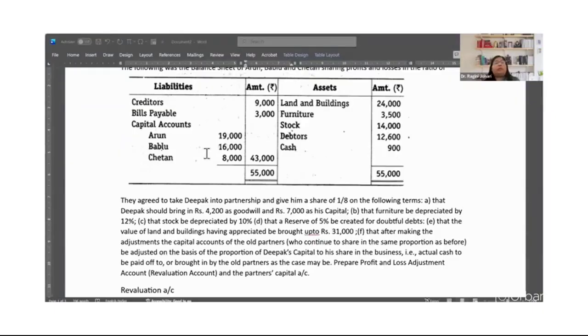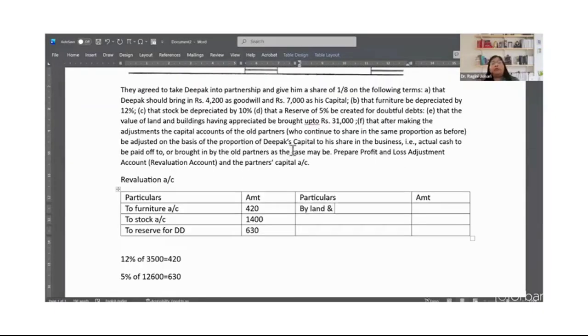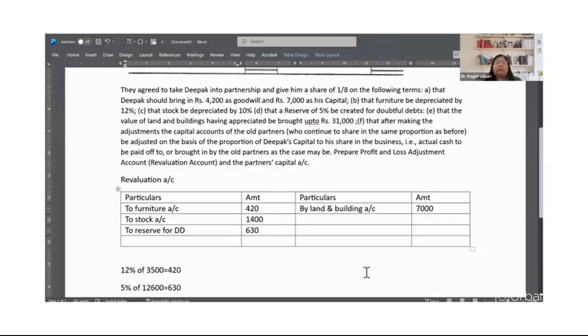Then it says after making adjustments of capital accounts of all partners, and so on. So that means now the revaluation part becomes over, or reassessment part becomes over.